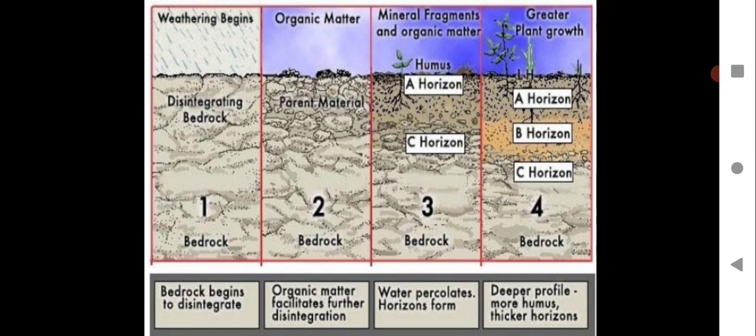As water percolates, different layers form, and different sizes of particles get differentiated. Then deeper profile, more humus, thicker horizon. So with more humus added, you get a thicker horizon, and this is how the A, B, C horizons and bedrock are created through the natural process. And you can see plant growth on the soil as well. Just have a look at this.